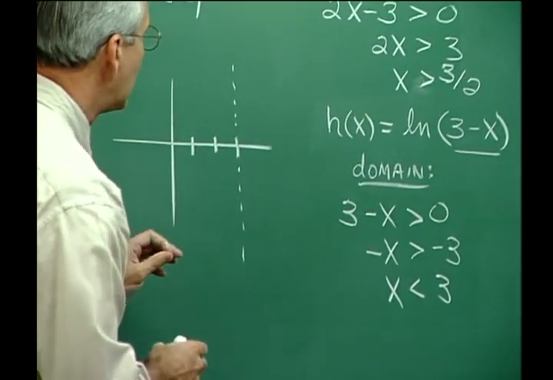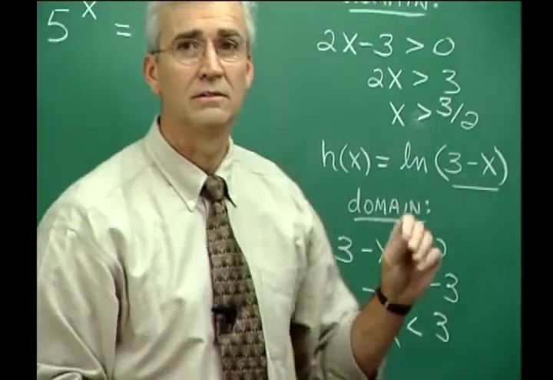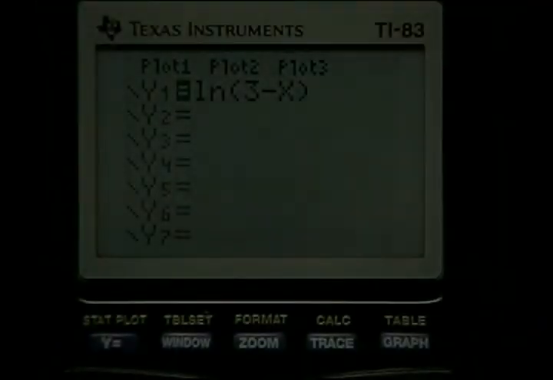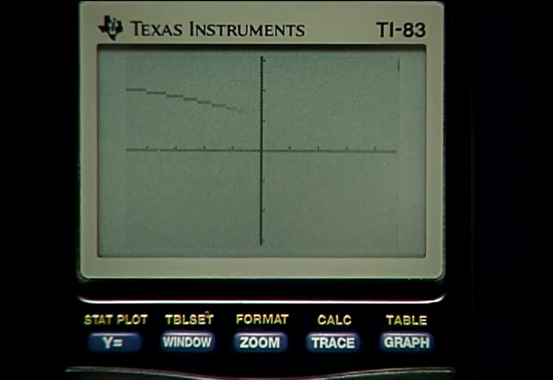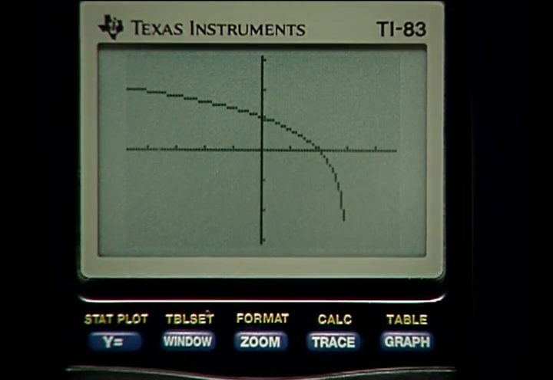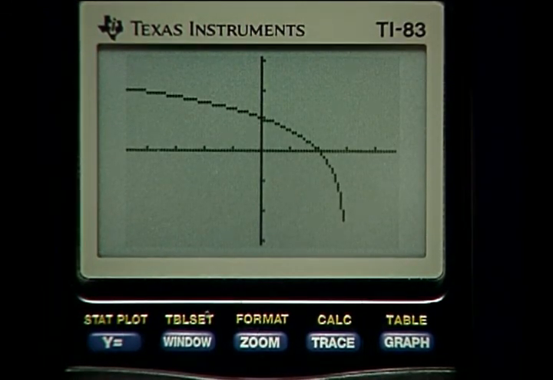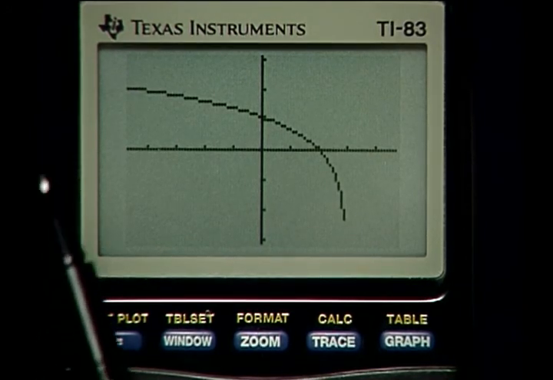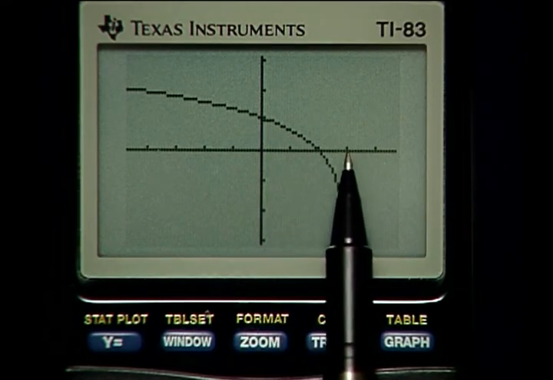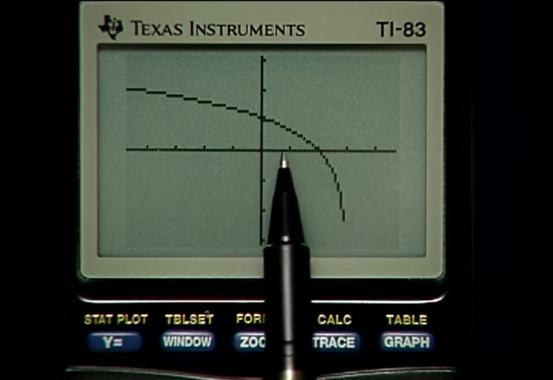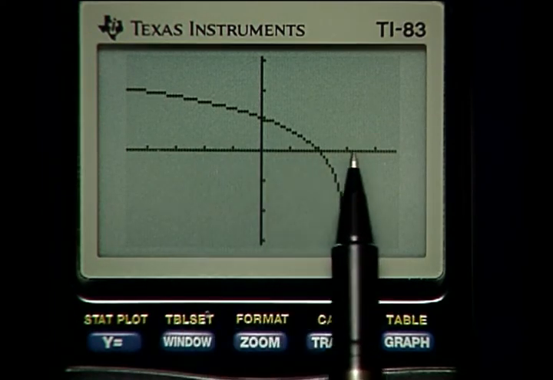Tell you what, let's look at it on the graphing calculator. Here's our function, and the graph has the expected kind of behavior. Now to verify the calculated domain of x being less than 3, we can see it from looking at the calculator display here. Here's a tick mark at 1 and then 2 and here's 3. It appears that the graph makes its appearance on the coordinate plane for x values less than 3.